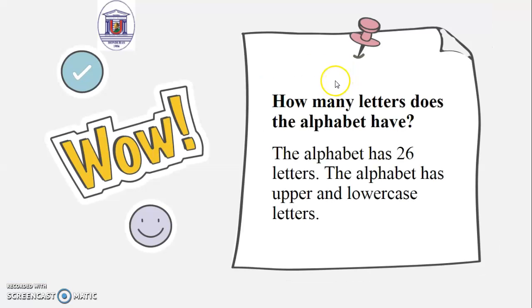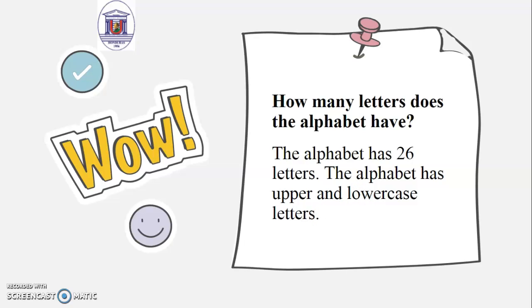Do you know, guys, how many letters the alphabet has? You don't know? Okay. The alphabet has 26 letters. If you didn't know, the alphabet has upper and lowercase letters. Two kinds of letters.